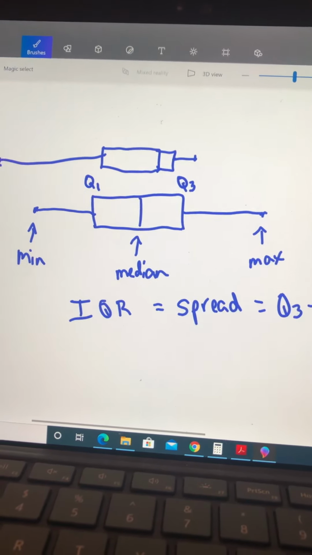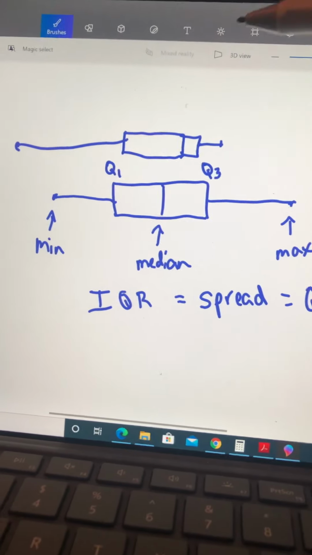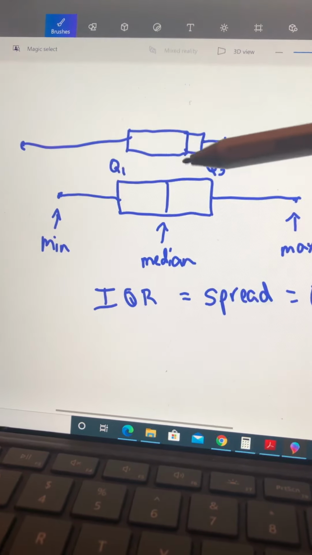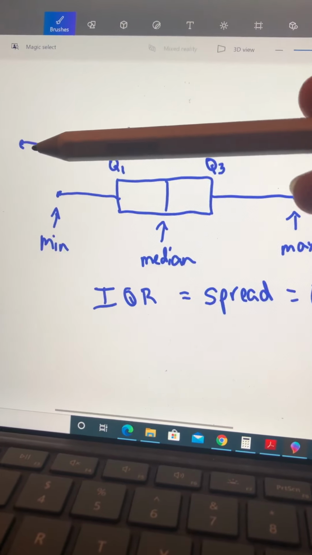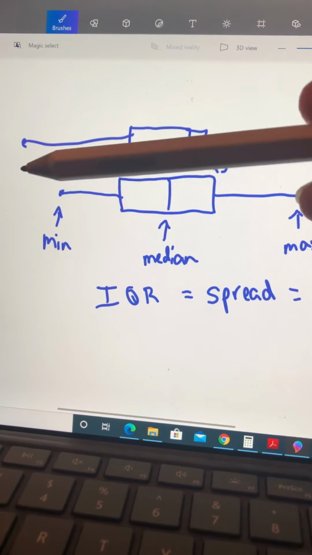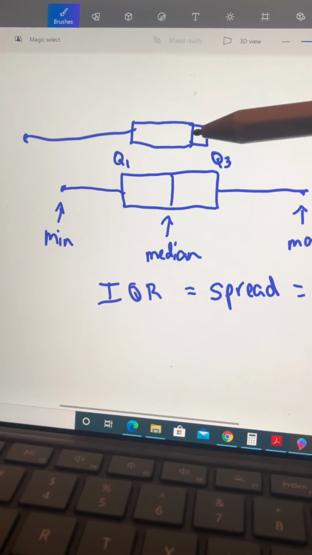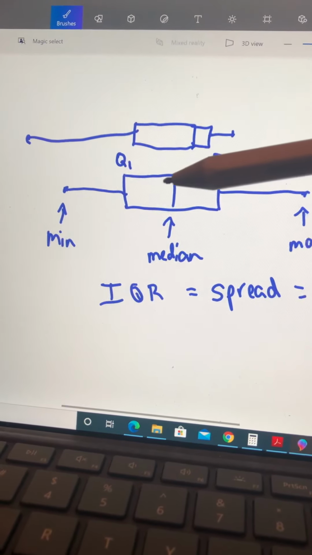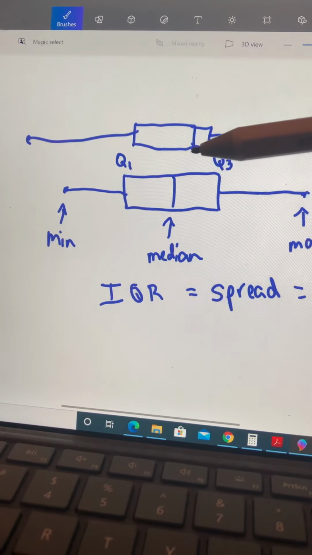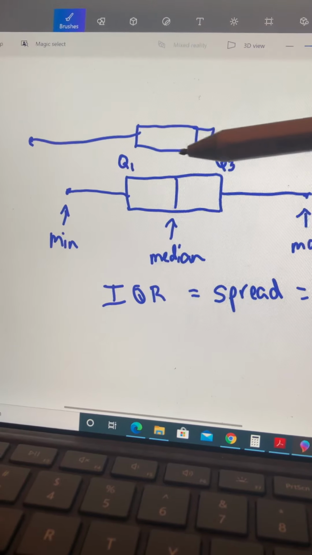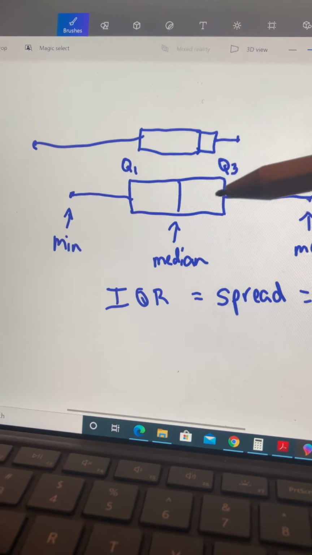When we compare two things, we can see here that this first group, if this was, say, two data sets that I was comparing, would have a smaller minimum and a smaller maximum. This one would have a greater median because it would be higher on the number line than this one. And then they have near about the same spread here.